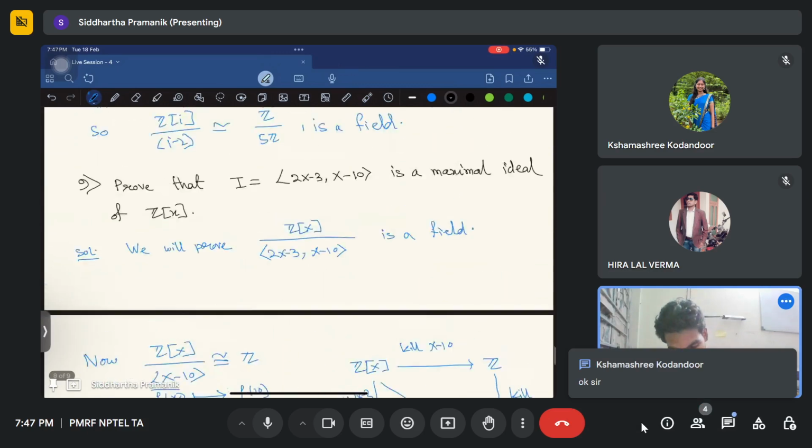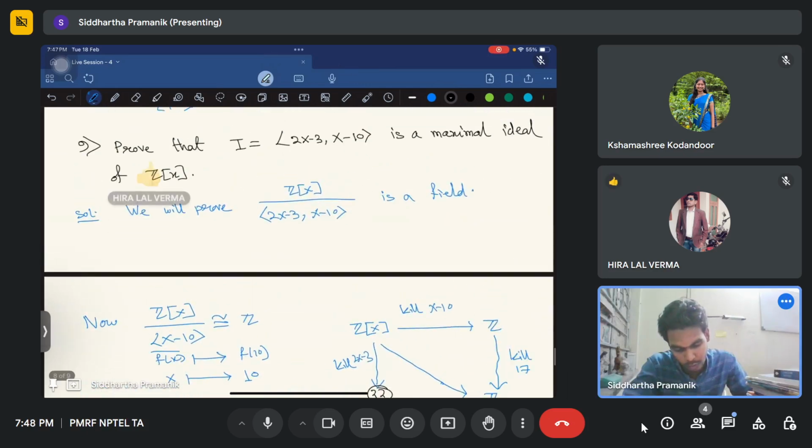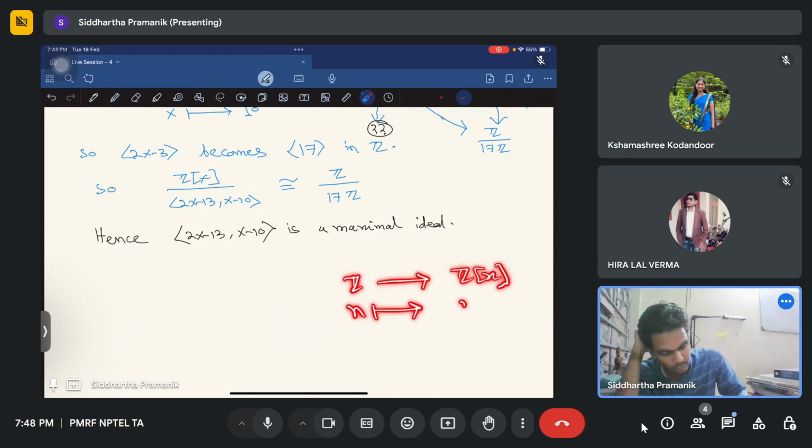Yeah. So you can write a rigorous proof without doing this also. What you need to do is directly define the map from Z to Z[x] mod that ideal I, n goes to n plus I, the quotient.